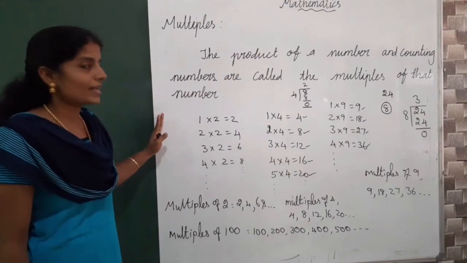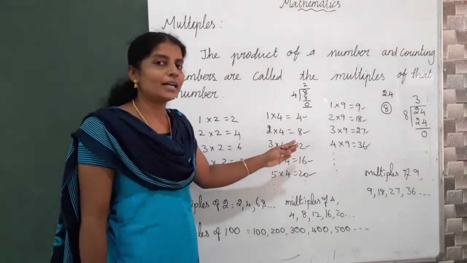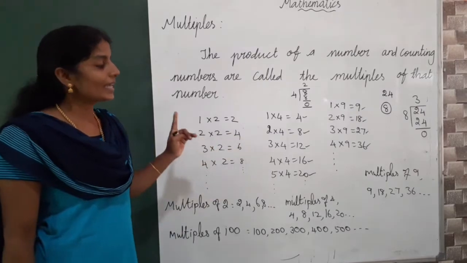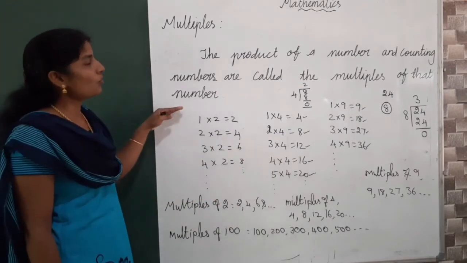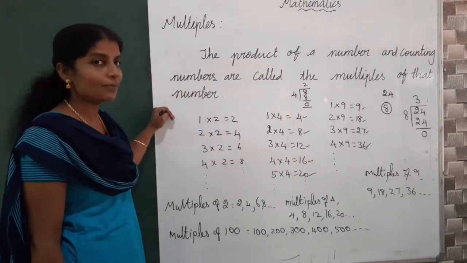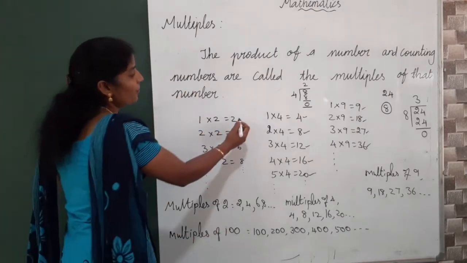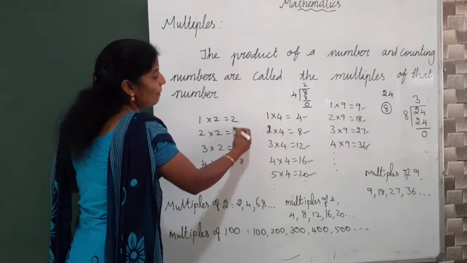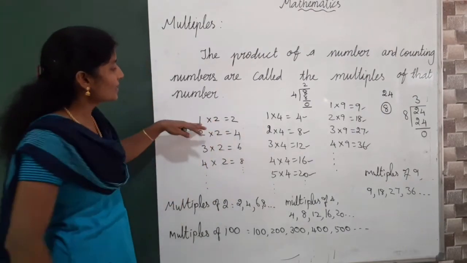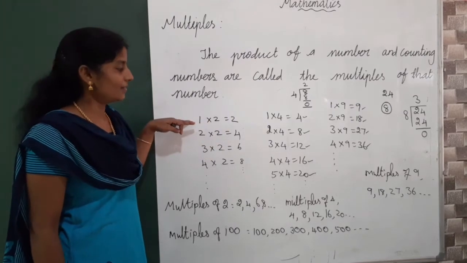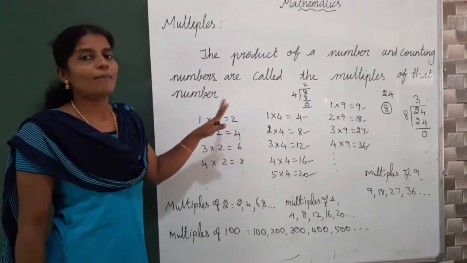Now, are you clear what is a factor and what is a multiple? Yes, this product is multiples, and these, 1 and 2, are factors. Factors and multiples.